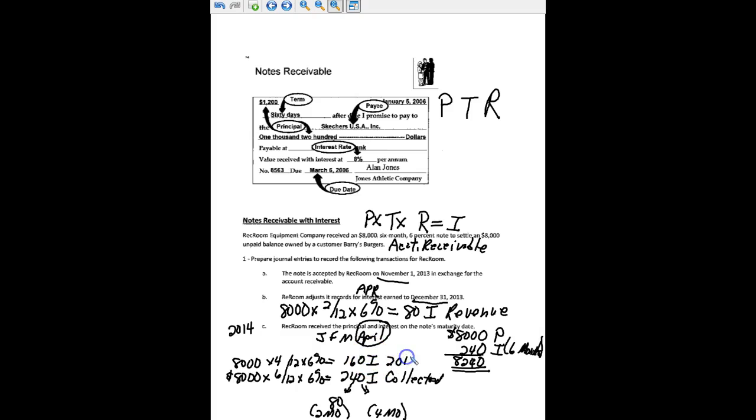And that's for the second year, 2014 in my case. So what we can see of the $240 interest over the whole 6 months, $80 was earned last year, $160 is earned this year. So let's go make our journal entry to record interest revenue for the current year.